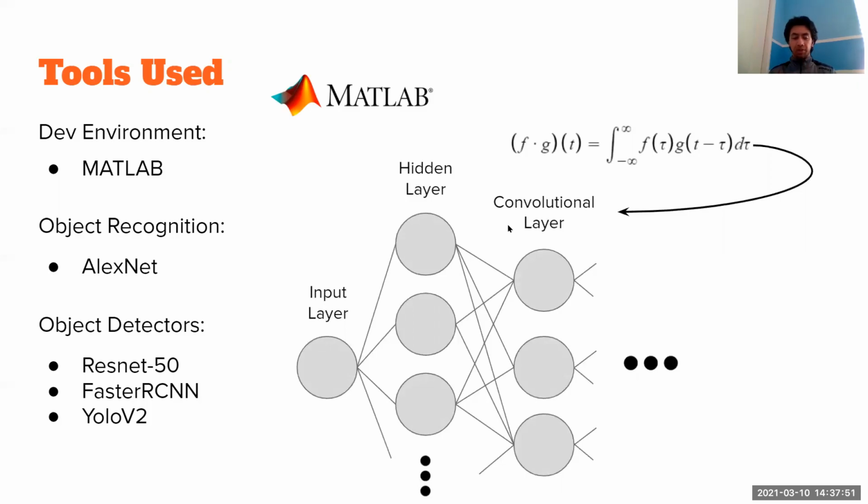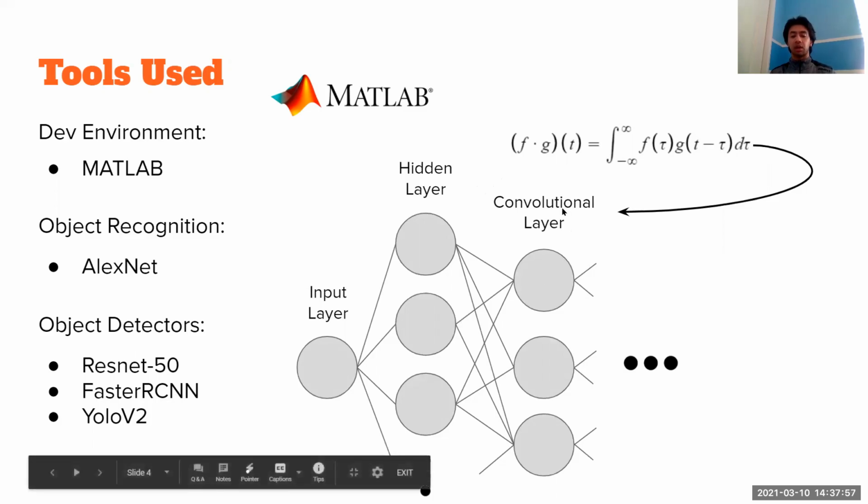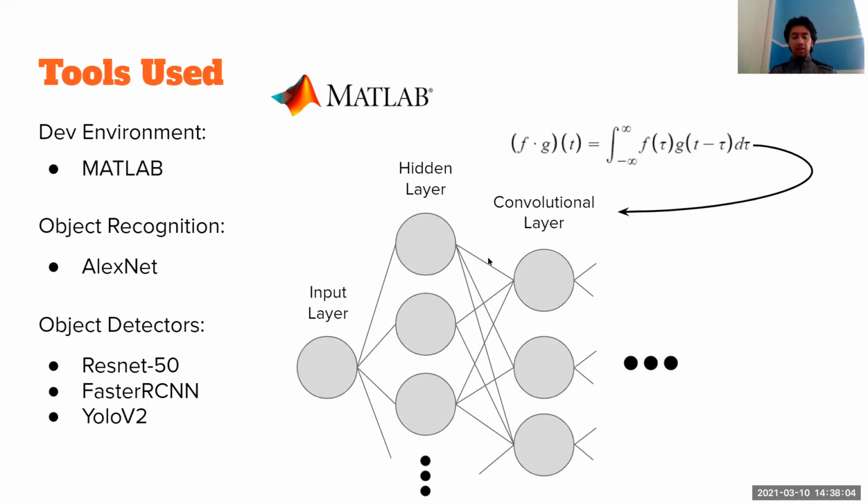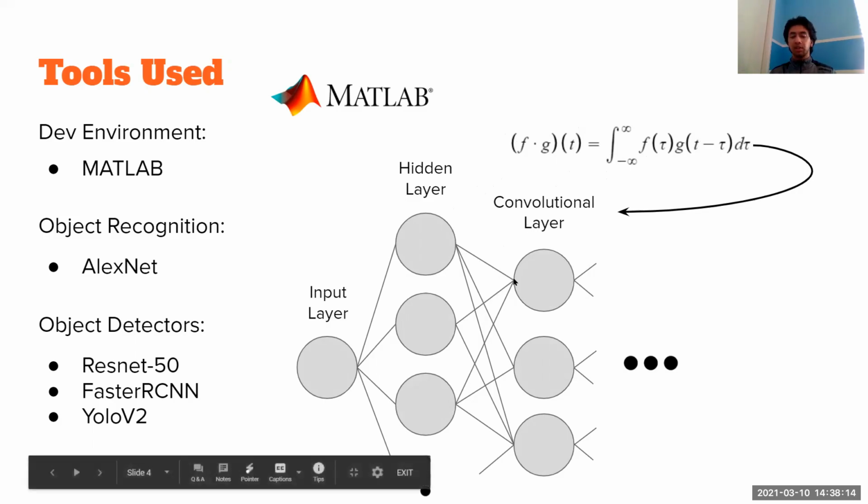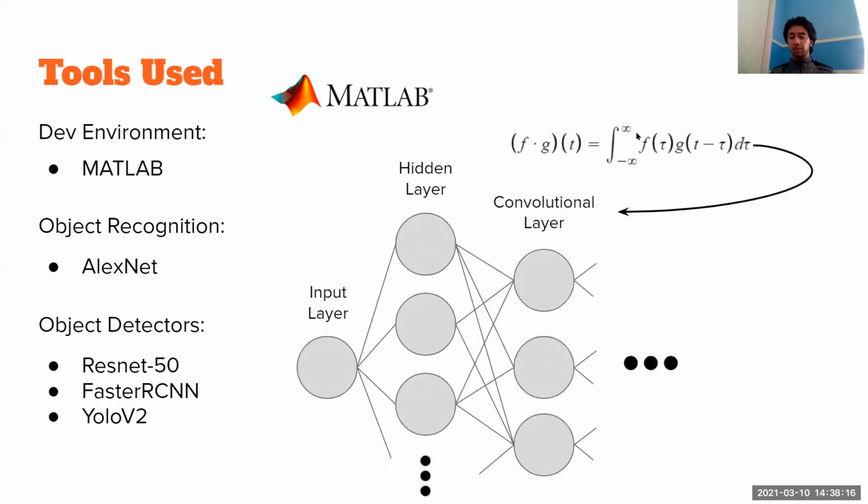But the layer that's different in a CNN is called the convolutional layer. That's what the C stands for in convolutional neural network. Here we can see that the weights computed to get to the convolutional layer use a convolutional function, where given two or more inputs, the weights are computed using this integral function.